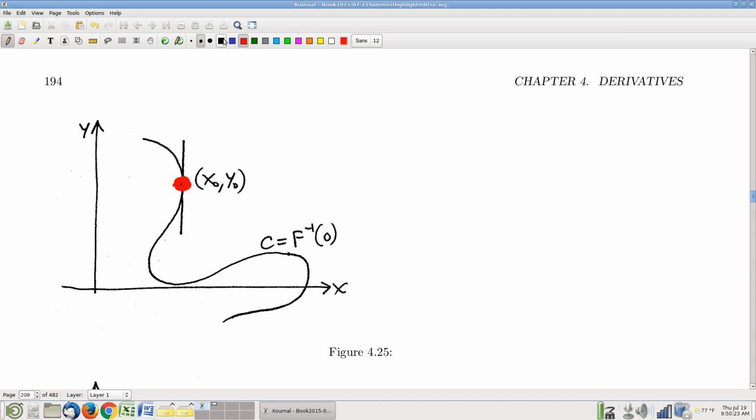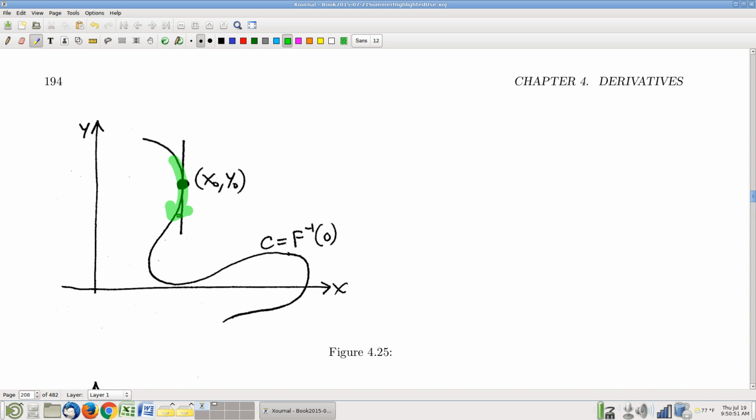This point here has the feature that I don't care how much you restrict your attention, no matter how little of a piece of curve around it you look at, it will fail the vertical line test. This is not a graph. Y is not a function of x in any sense near that point. The thing that makes that a problem, I appeal to your intuition, is that the curve has kind of wrapped under itself at that point.